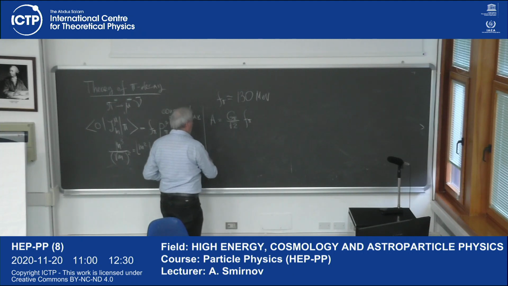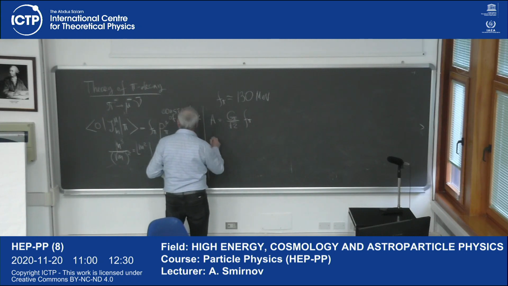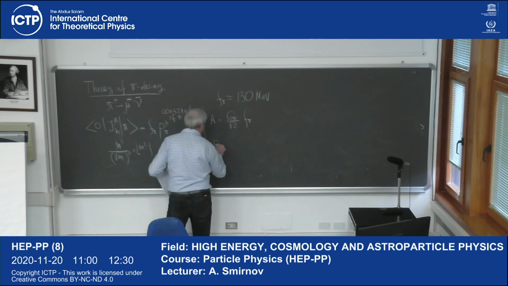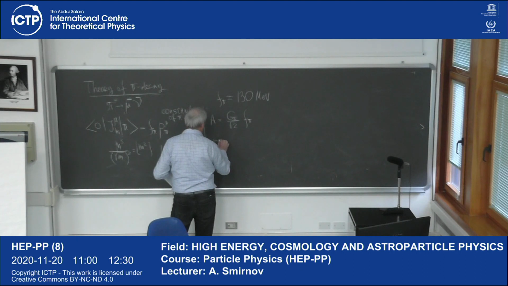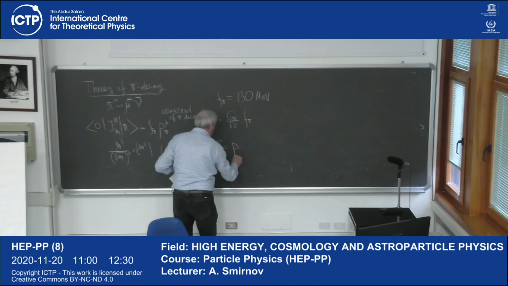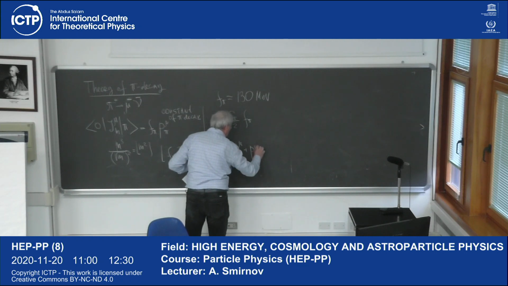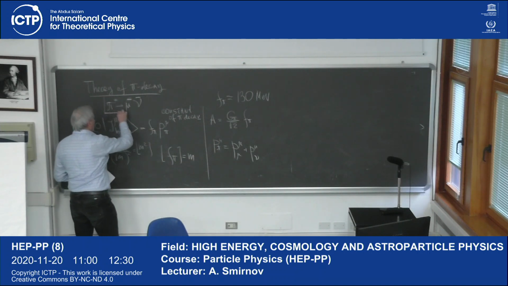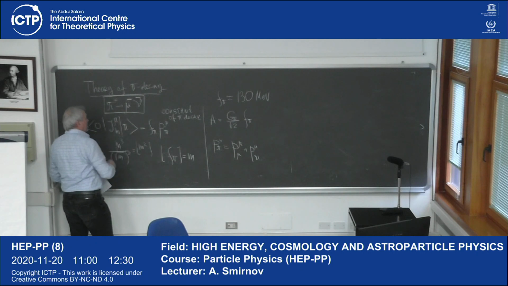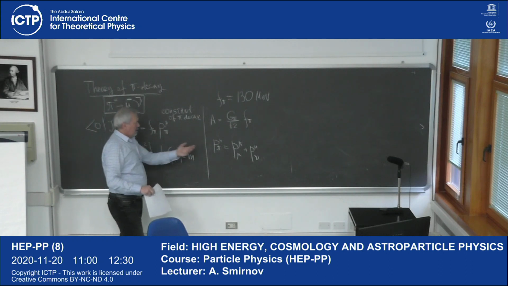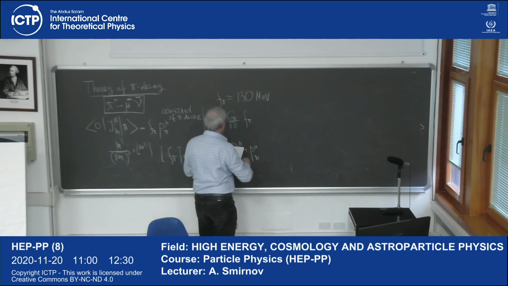And now I will use energy-momentum conservation, and therefore this momentum of pion, I don't want to confuse because I use the same index, is equal to the momentum of muon plus momentum of neutrino. We just have a two-body decay, and energy-momentum conservation allows me to express this pion momentum as a sum of muon momentum and neutrino momentum.